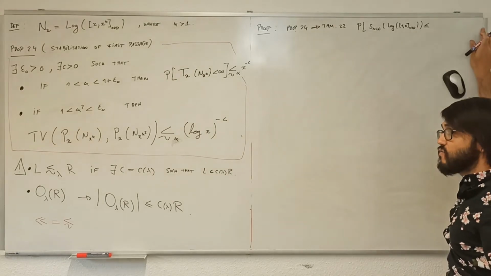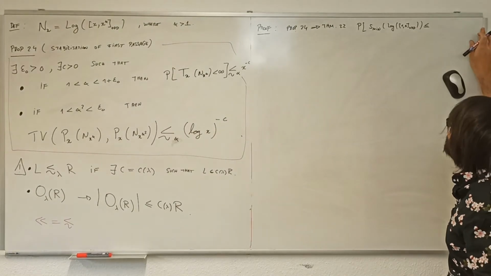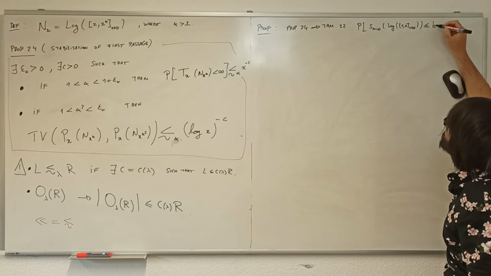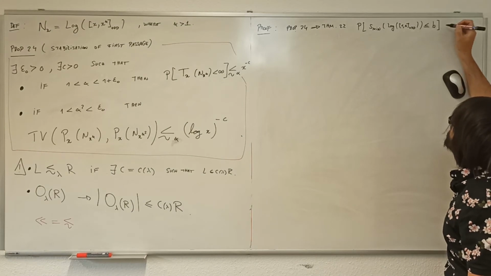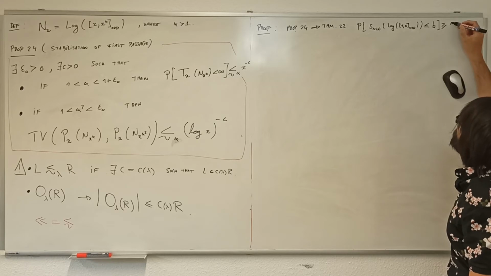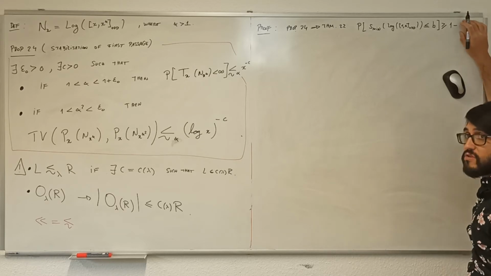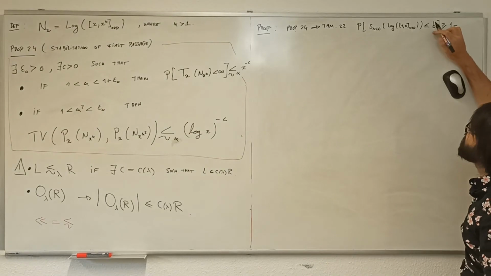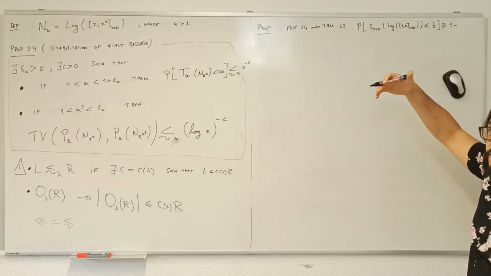But another way of writing this is that if I put a b here, then this is supposed to be greater or equal than 1 minus some function that goes to 0 when b is large. That would be just another way of rephrasing it.